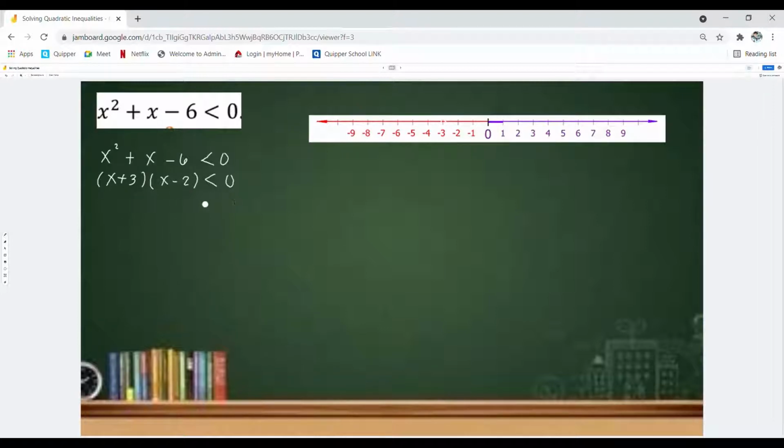You have the factors already, so you can now solve for the roots, because the roots will be our critical numbers. So equate each factor to 0. You have x plus 3 equals 0 and x minus 2 equals 0. Therefore, x is equal to negative 3, which is your first critical number, and x is equal to 2, which is your second critical number.